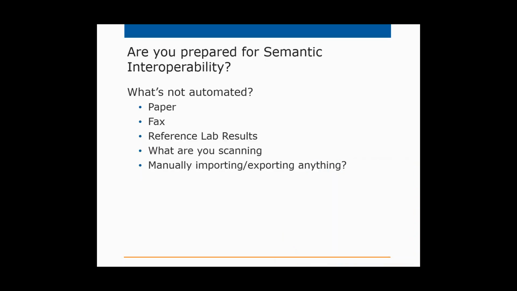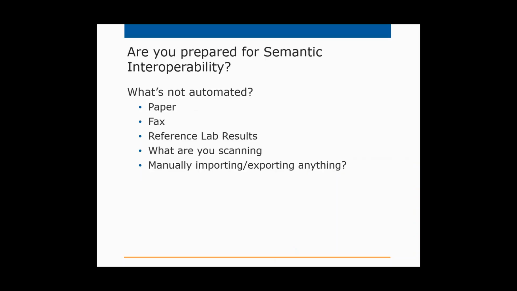And then, even more important, what is not automated? And we see this a lot. I just mentioned the OR. We have sites that are faxing results. They have one group that they still fax to because the EMR is not able to, they don't have any interfaces at this time. Where are you using paper? What about reference lab results?